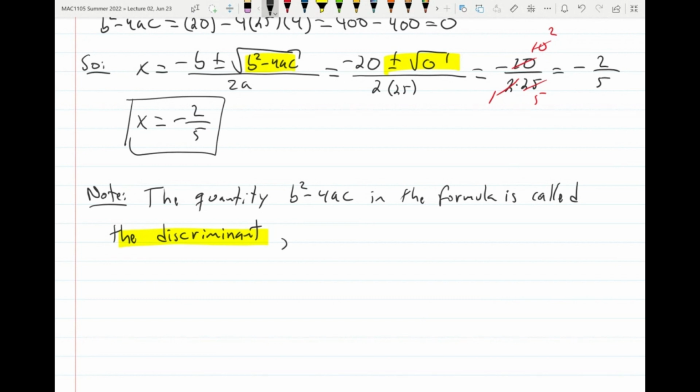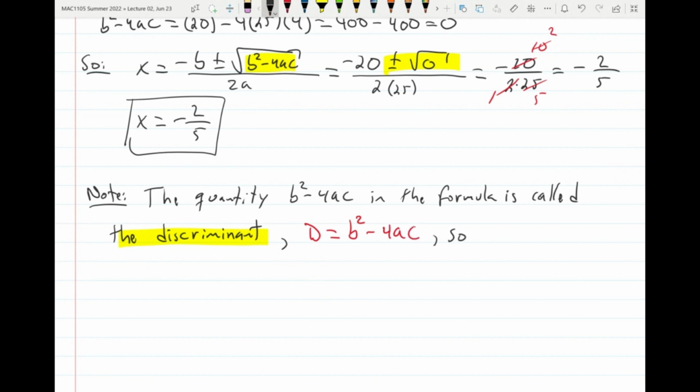Typically I'm going to denote it by capital D, but in some places you will see the letter delta, a triangle like this. This is a Greek symbol, and this stands for capital D in Greek. The lowercase d is also called delta. Anyway, we're just going to be using D. But if you read other books, you may see the little triangle showing up. So D will represent b squared minus 4ac, and that's the discriminant.